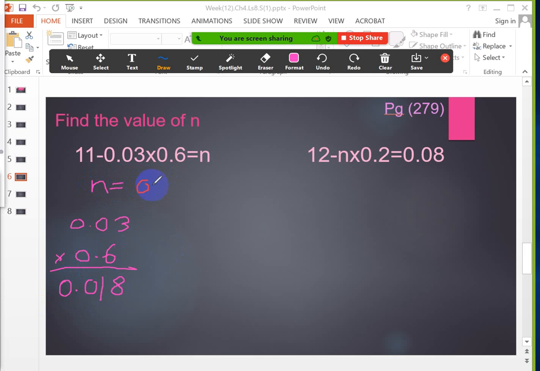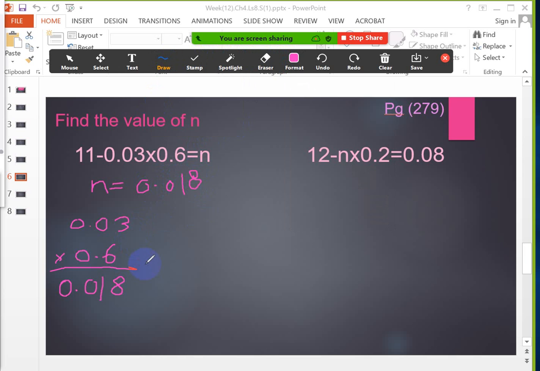Equals 0.018, 18 thousandths. Okay. This is the value of n.